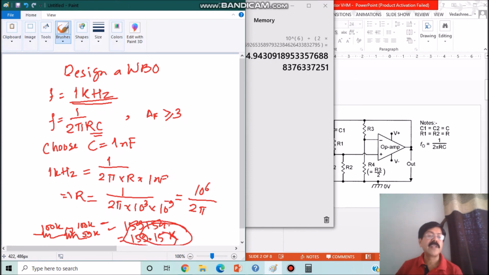So we have reached this, that our value of the resistor is 159.15k. Now what is required?